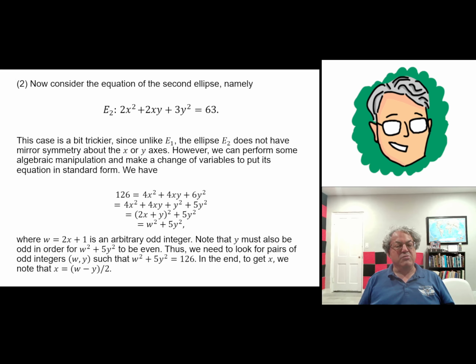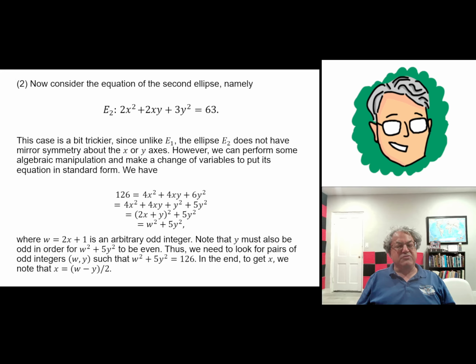But now, remember that w and y both have to be integers, but not only that, w is 2x plus y, and since x and y are both integers, that 2x is always even, and I think I might have made a mistake. I think, oh yeah, they both have to be odd, not for the reason I said, actually, because 126 is congruent to 2 modulo 4.